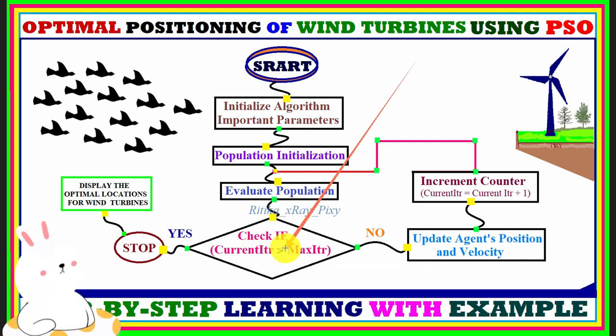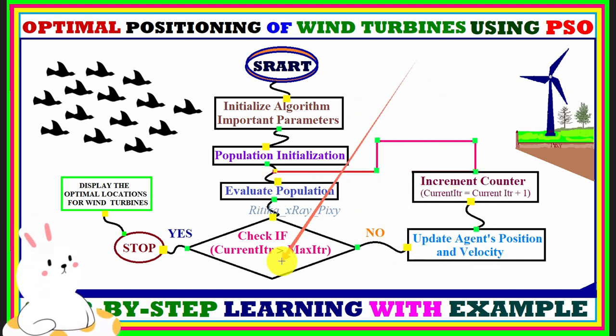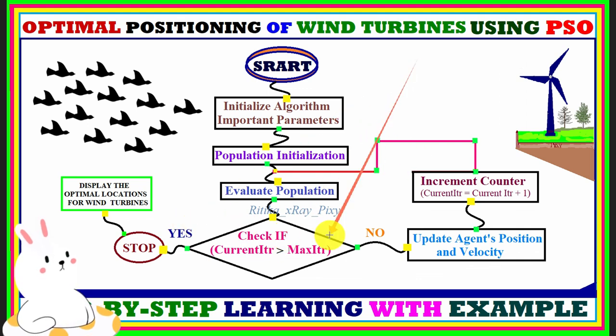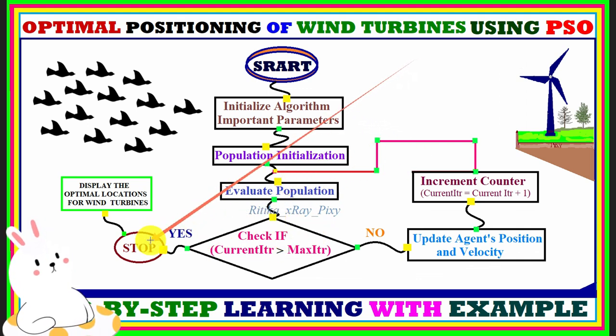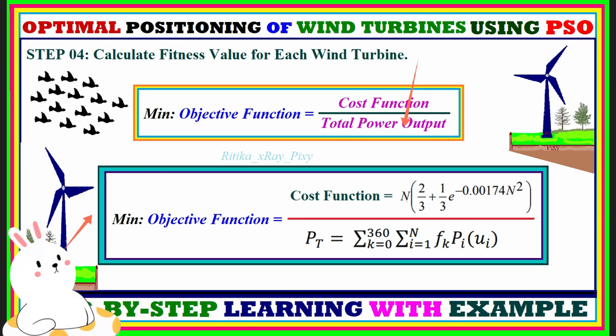If it is met, then stop, else again we will repeat this loop until the stopping criteria is met. And once the stopping criteria is met, we will stop and display the best solution that we found in the previous iteration. So that's all about this video.